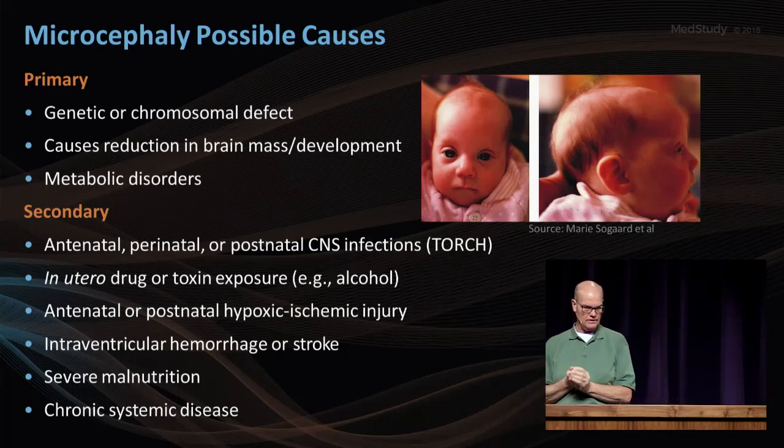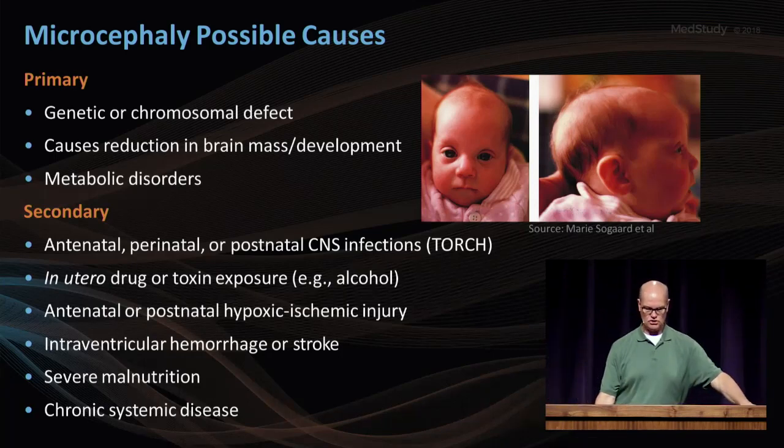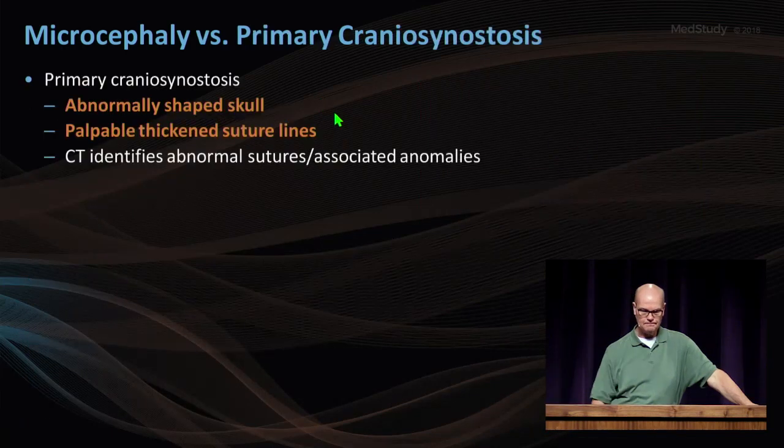And some of the secondary causes are listed here as well. The head circumference will be provided for you in the vignette, and then perhaps some other bits of information that can help you come up with an etiology.